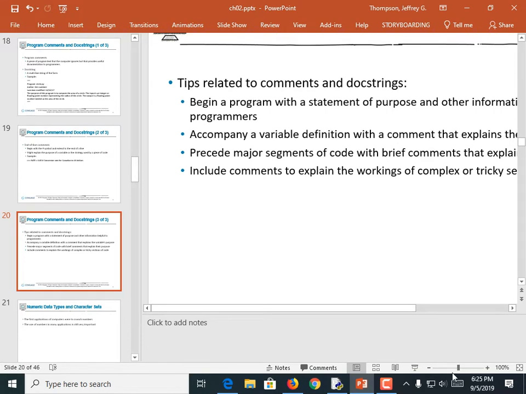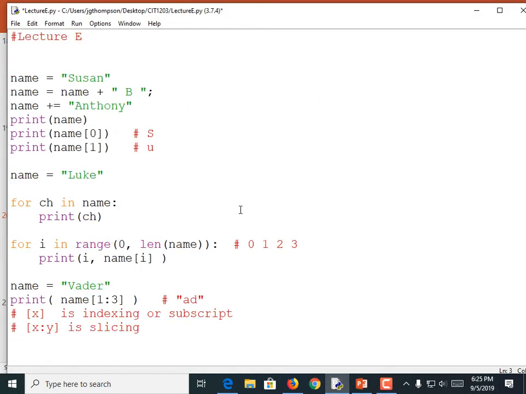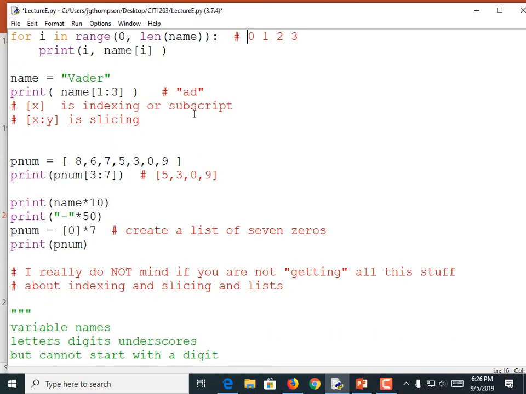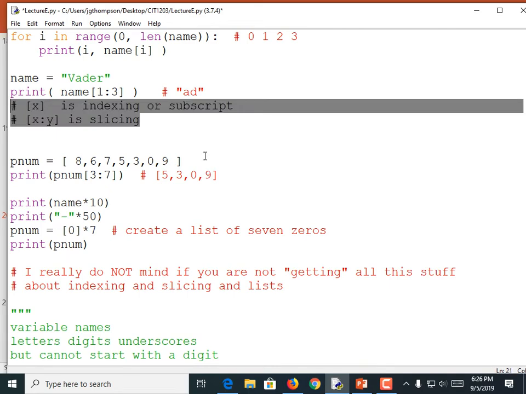What do you use single line comments for? Well, we've seen several already. It just describes something about the line. I ought to give a better comment than just putting 0, 1, 2, 3. I ought to say it creates a loop that will increment i from 0 to 3. Or you can put them on their own line to explain parts of the code.